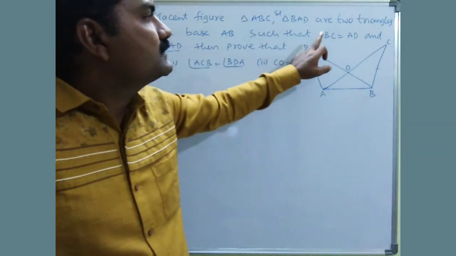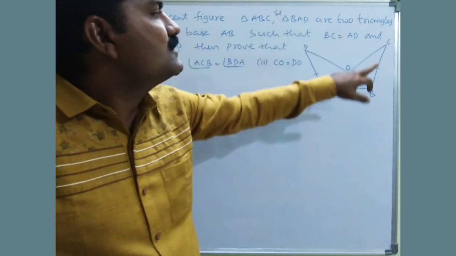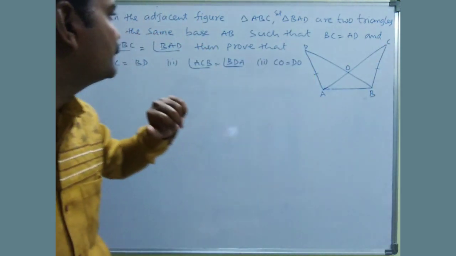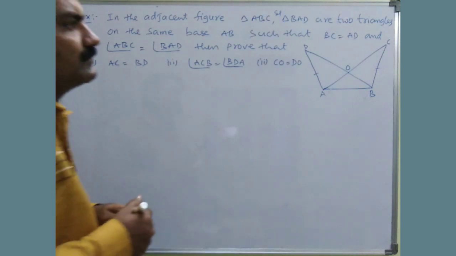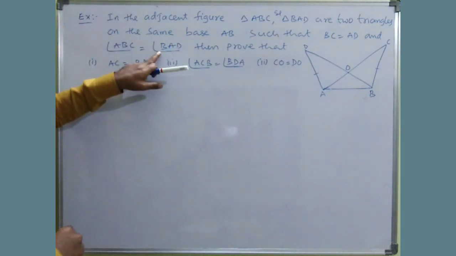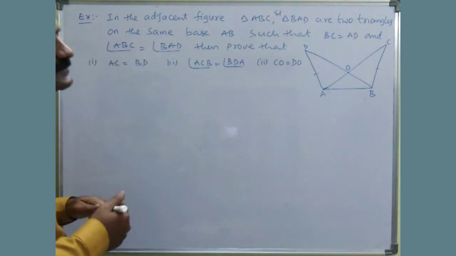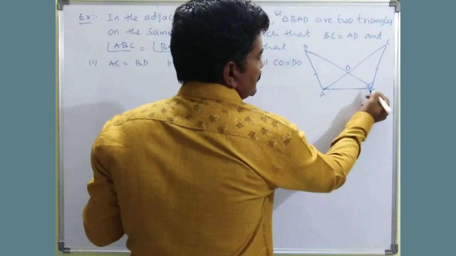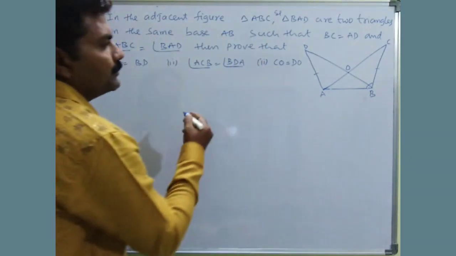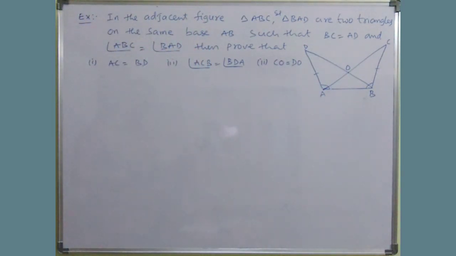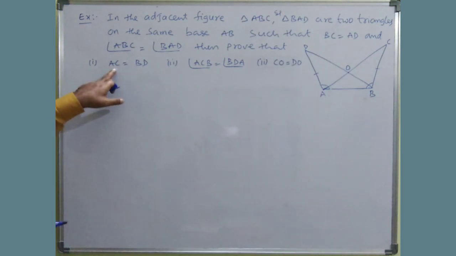Also given that BC is equal to AD, and angle ABC is equal to angle BAD. Then we need to prove that AC is equal to BD.